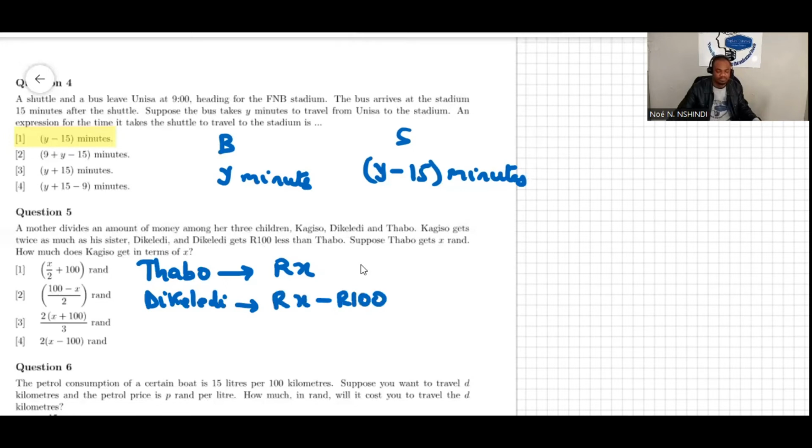Okay? Let me just remove the rands here. I'm going to say Tabo got X, and then Dikeledi gets X minus 100.